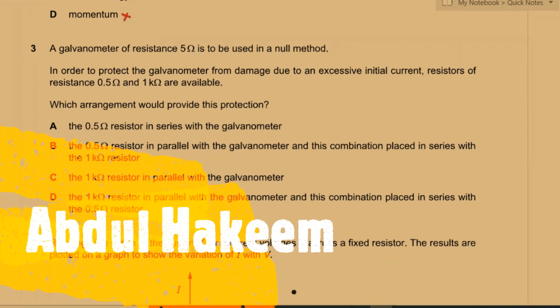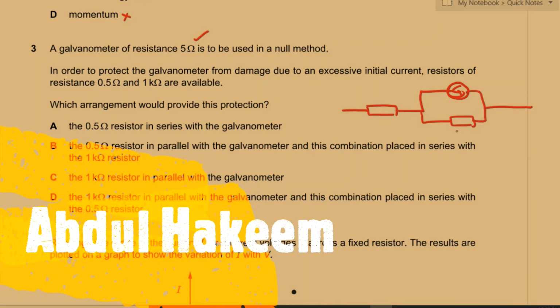Next question is, a galvanometer of resistance 5 ohm is to be used in the null method in order to protect the galvanometer from damage due to the excessive initial current. Yes, so a very small current is required through the galvanometer. So the galvanometer is protected by connecting it in series with a high resistance and a very small resistance in parallel to the galvanometer.